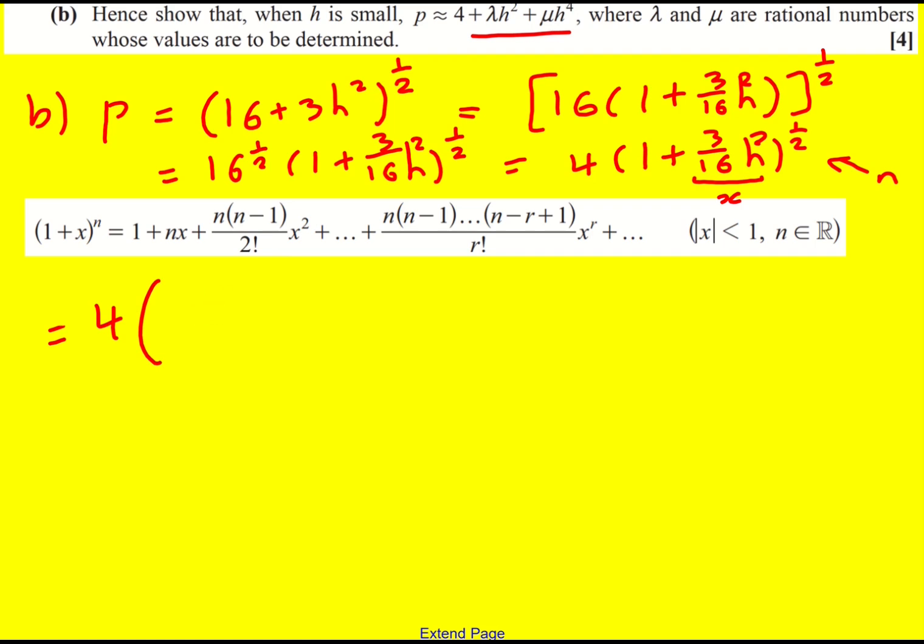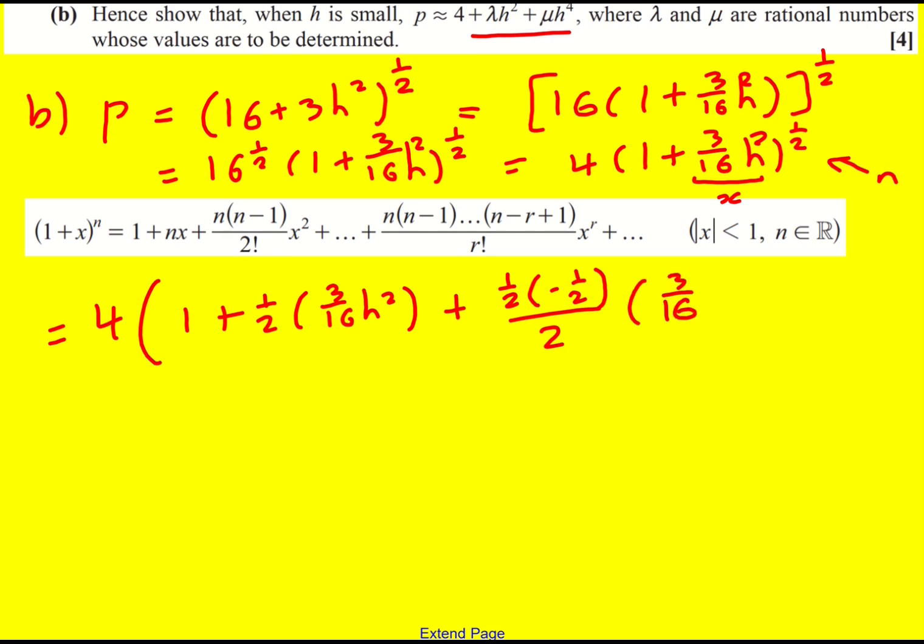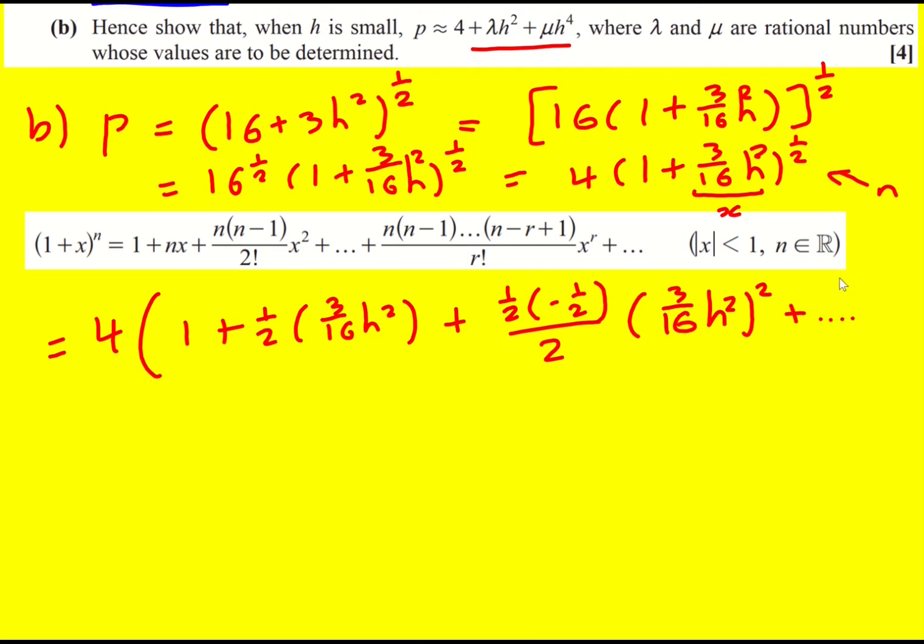It's going to be 1 plus a half, 3 over 16 H squared, plus a half times a half minus 1. Sometimes people like to write a half minus 1. I just find it easier to just figure it out as we go. But use your calculator as needed. Divided by 2 factorial, that's just divided by 2. And then 3 over 16 H squared, squared. And there's going to be more terms, but let's just take a little glance at the answer. The last term they've written is H to the 4, and that's what I've got here. So I'm going to stop there.